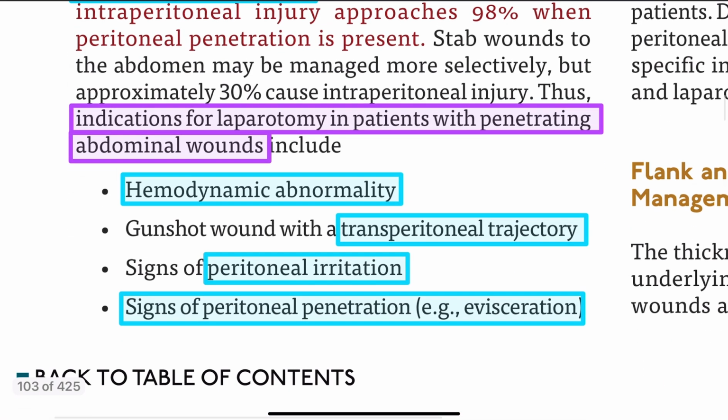The indications of laparotomy in a patient with penetrating abdominal wound are: hemodynamic instability, anything hemodynamically unstable, you should go for laparotomy. Then transperitoneal trajectory, if any trajectory has crossed the peritoneum, and any sign of peritoneal irritation or peritoneal penetration like evisceration.